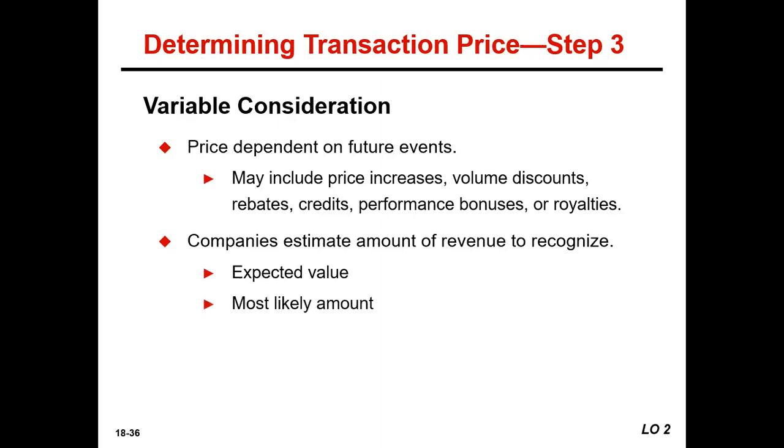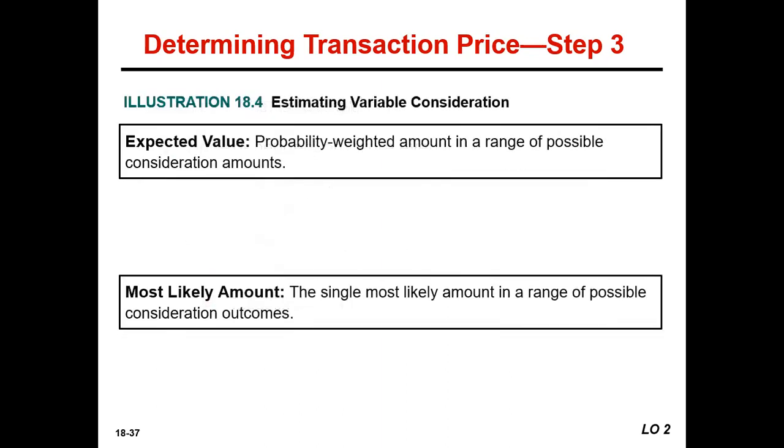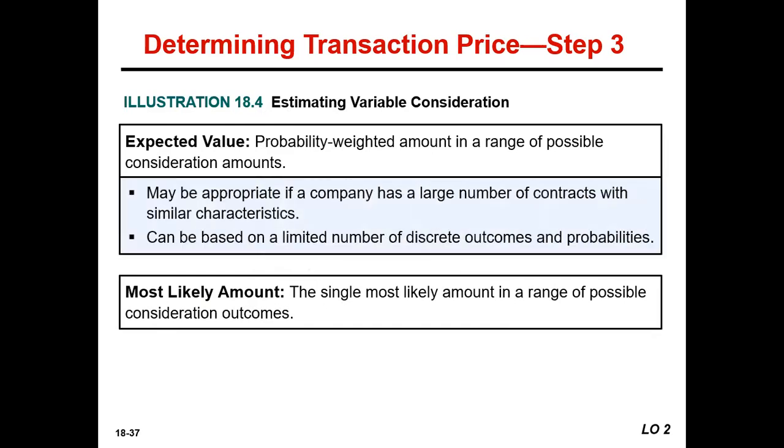Just like, what is the expected value? The most likely amount. Expected value is the probability weighted amount in a range of possible consideration amounts. It may be appropriate if a company has a large number of contracts with similar characteristics, and can be based on a limited number of discrete outcomes and probabilities.